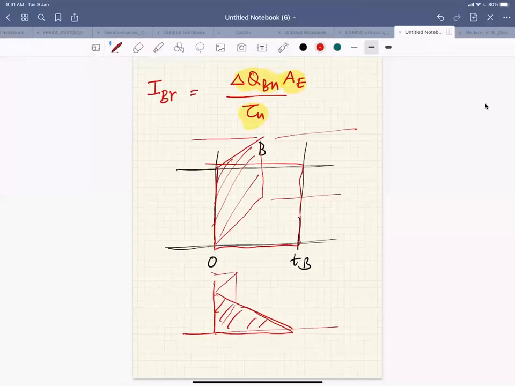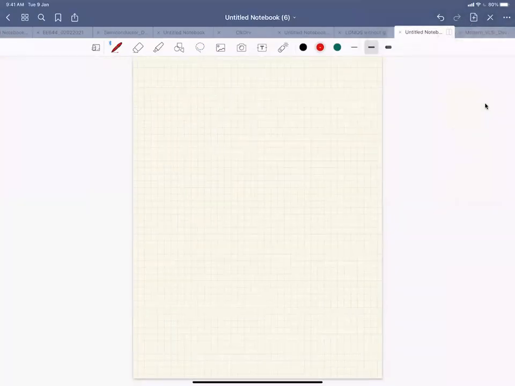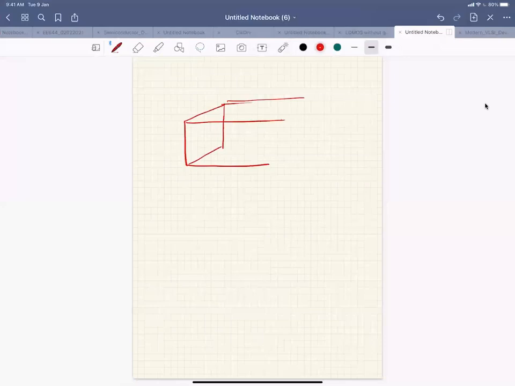No sir, I couldn't understand why we took the emitter area here. Okay, fine, let's do one thing. Let's say I'll do a 3D plot. I'm not very good at 3D. So let's say this is my base, right?